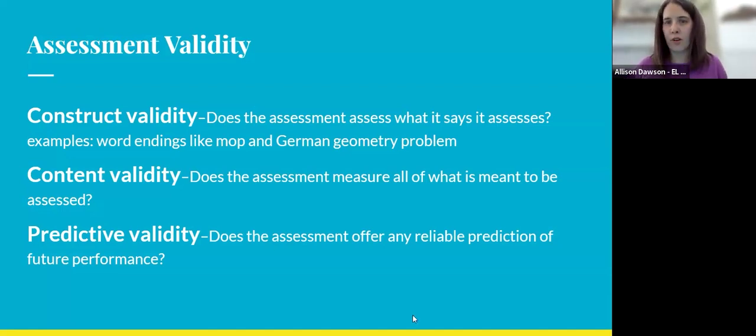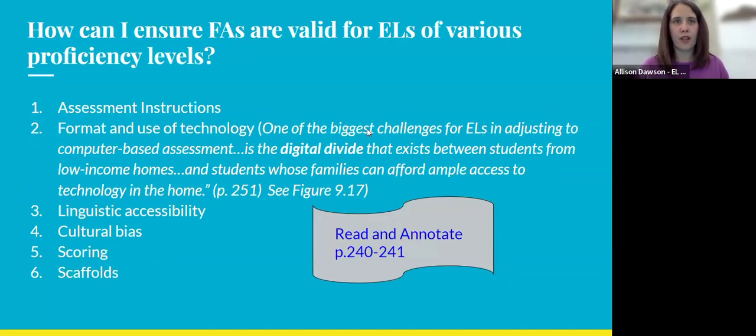All right, we're going to do one more individual activity before we are finished with formative assessment. I really felt like the last part of this chapter on pages 240 to 241 was very helpful in thinking about the assessments, the measures that we use, and doing a second look using your EL lens, right?